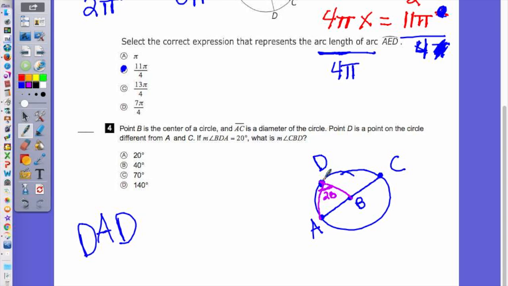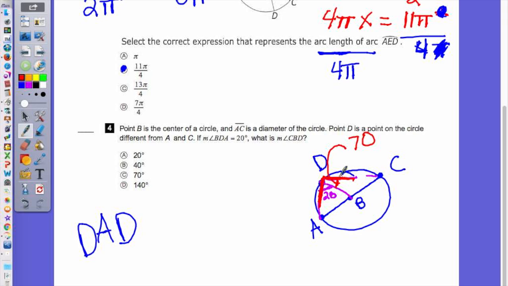So I can draw a line here from D to C. And BDC has to be how many degrees? Not 180, BDC, just this angle right here. This angle is 90. So this part is 70.